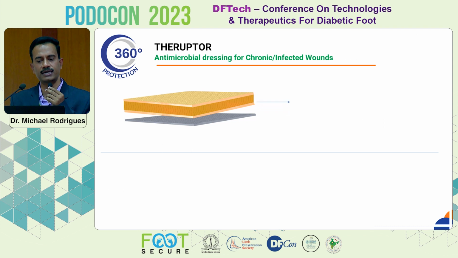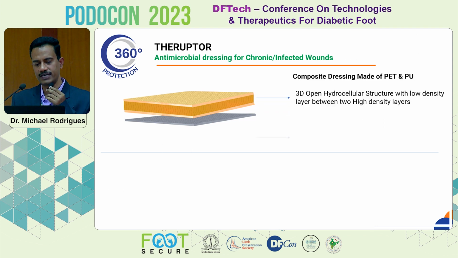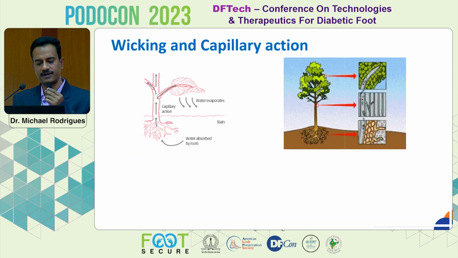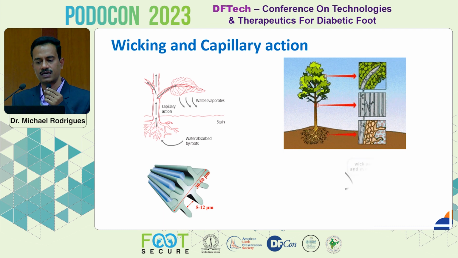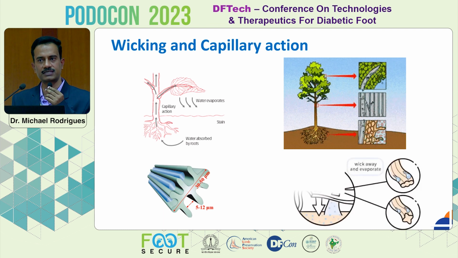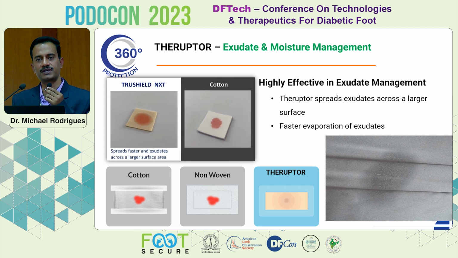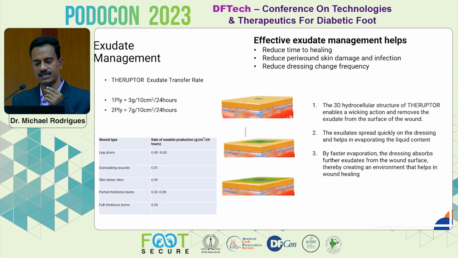Similar to what I explained on the proteins, you just kill them remotely. So we have a dressing which has channels, just like capillary action, it picks up the exudate and dries the exudate away by wicking action.